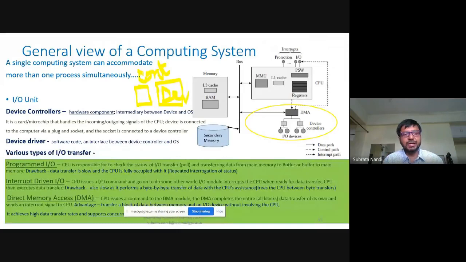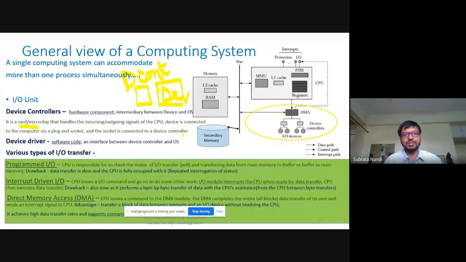You can think of it as a card or microchip, which may be part of the device itself, or part of the motherboard. There is plug-in hardware which has the device controller, which basically interfaces between the device hardware and the machine computing system.